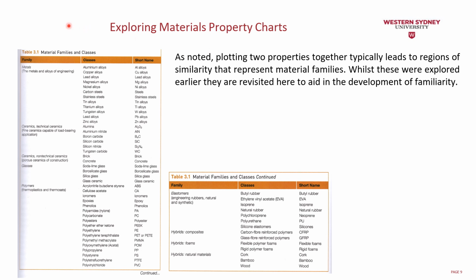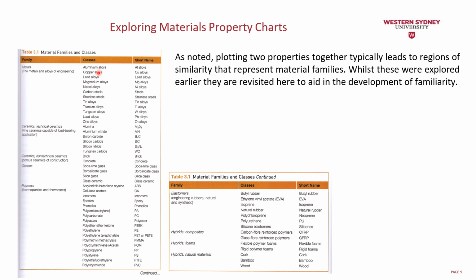As noted, plotting the two properties together typically leads to regions of similarity that represent the material families. Whilst these were explored earlier, they are revisited here to aid in developing familiarity. So these are the families: the metals, ceramics, ceramic composites, non-technical ceramics, and the polymers.